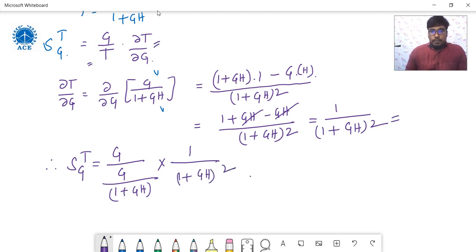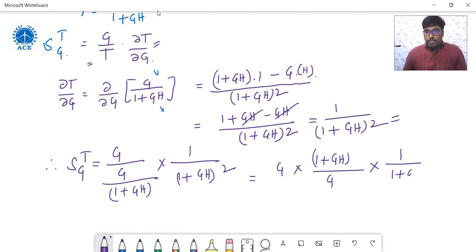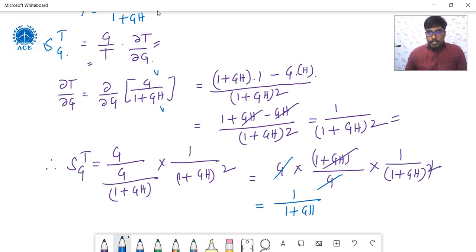Okay, so which is taken as G into, cross multiplying here, 1 plus GH divided by G into 1 divided by 1 plus GH whole square. Okay, so this term will get cancelled, and G also gets cancelled. Now what is the final term? 1 by 1 plus GH.